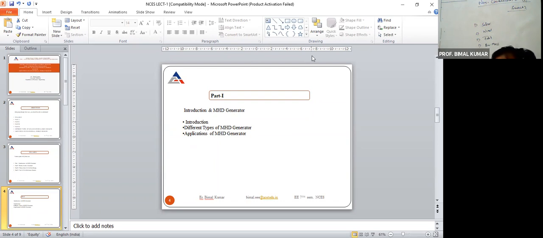These are generally used wherever no conventional sources of energy are available, right? Faraway places from ordinary society. Wherever conventional energy sources are available, these sources may or may not be used, right?